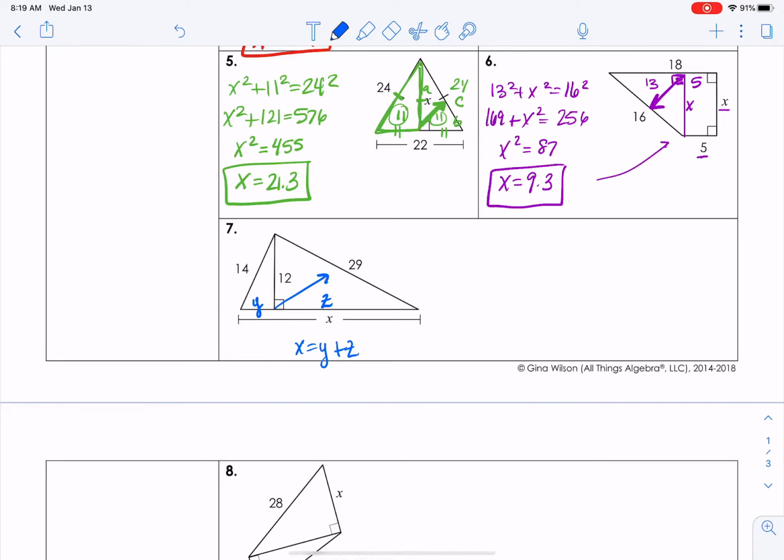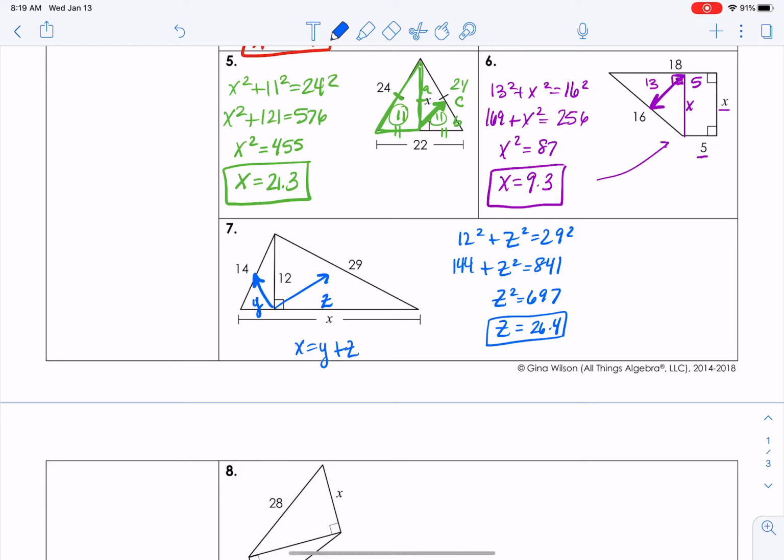So here's my right angle. 12 squared plus z squared equals 29 squared. 144 plus z squared equals 841. Z squared equals 697. And z equals 26.4. So there's part of my answer.